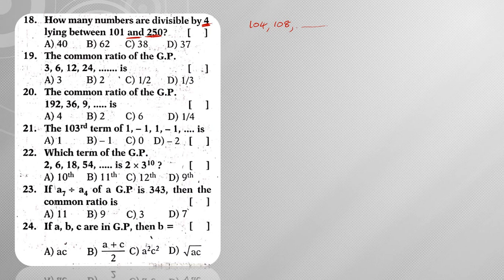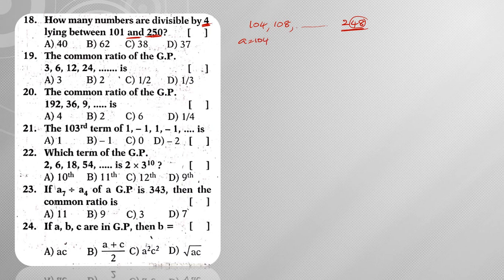Likewise, here he said in between, so that means you should not consider 250. That means less than 250 we need to consider. So what is the last number we have which is divisible by 4? That means 248, because the last two digits are divisible by 4. Now we need to find out what is this term number. So what is the first term here?